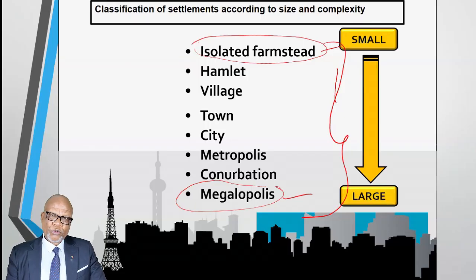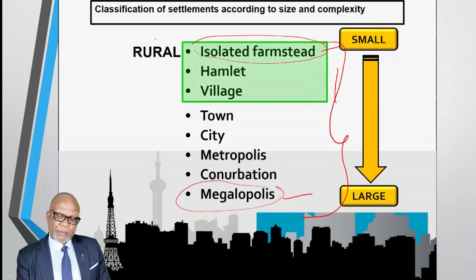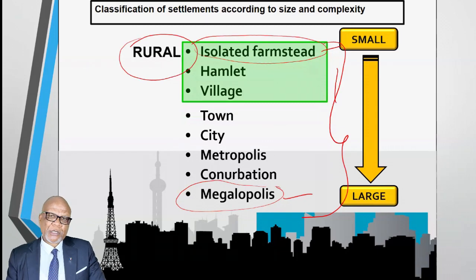And as you look at them, you can further classify them and say the three smallest forms of settlement, which are isolated farmstead, hamlet, village, are considered to be rural. But once you say a settlement is rural, you must know you are classifying that settlement in terms of its function.